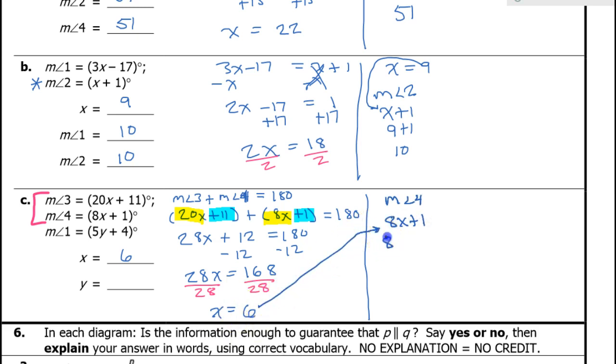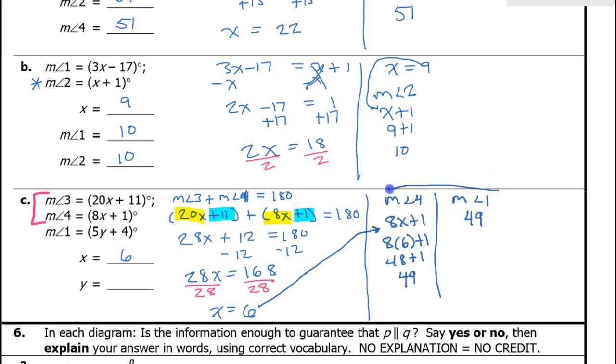So that's going to give us 8 times 6 plus 1. 6 times 8 is 48 plus 1, so that's 49. Okay, so the measure of angle 4 is 49. That means that the measure of angle 1 is also 49.